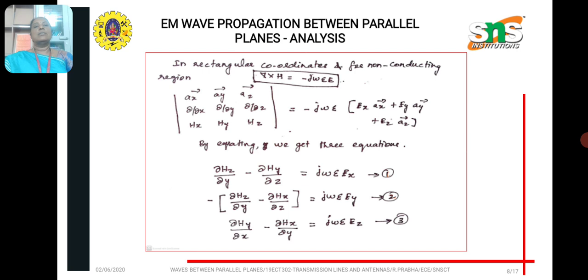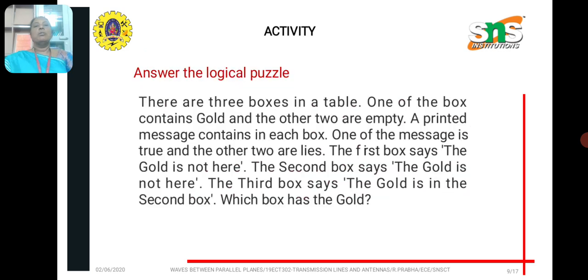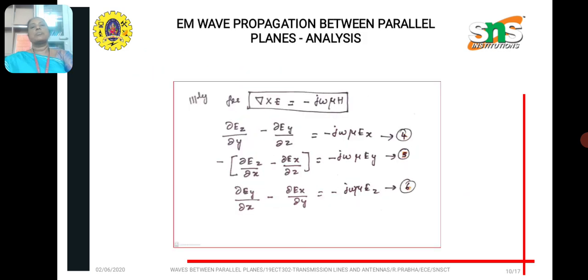In rectangular coordinates we are taking the Maxwell's first curl equation del cross H is equal to j omega epsilon E. This is expanded, we get three equations, and in these three equations next we are going to make some assumptions.